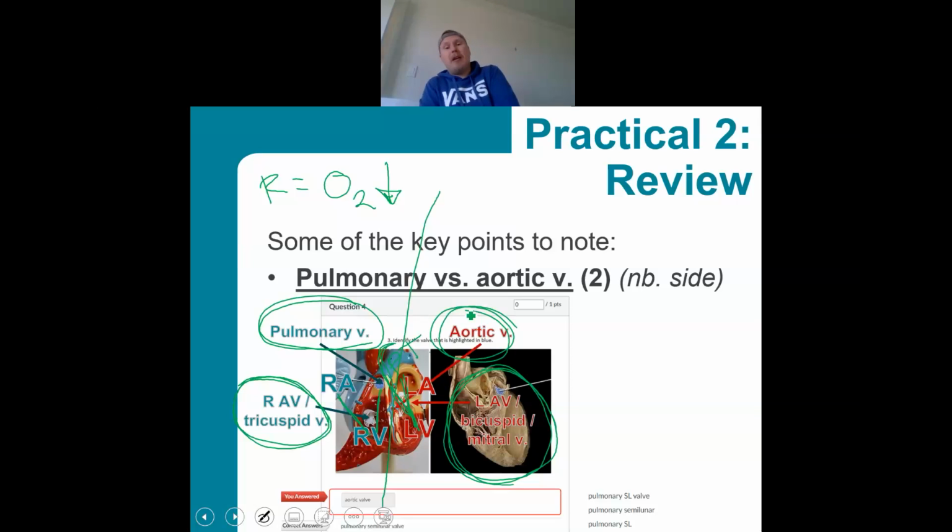So that was the important one. It's not really showing up great on this picture, but it would be hidden a little bit behind the pulmonary trunk starting. Remember, on the left-hand side we have oxygenated blood, so the oxygen concentration is high here.